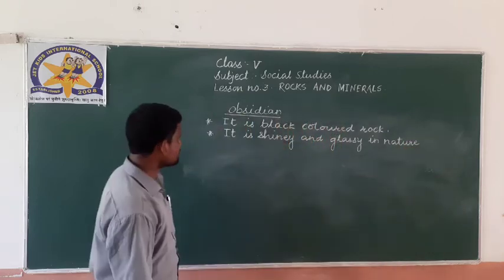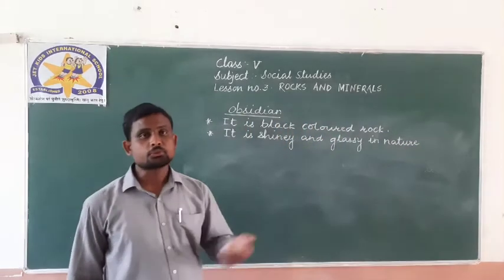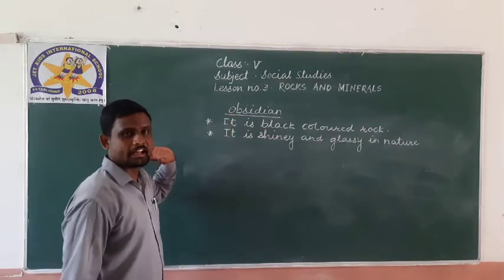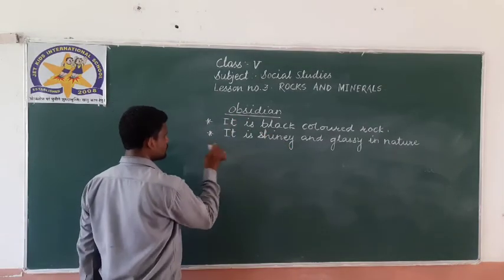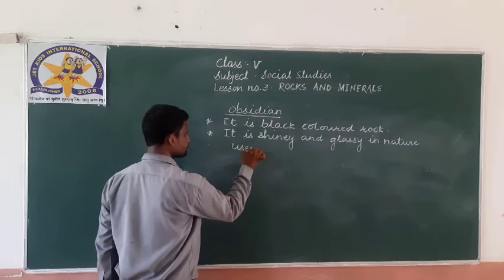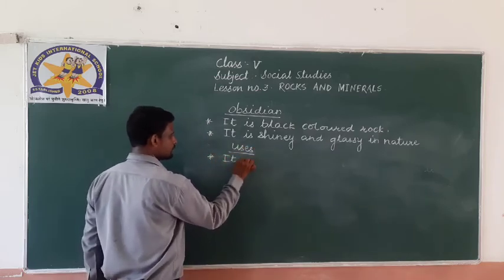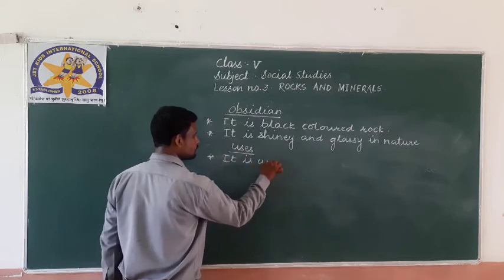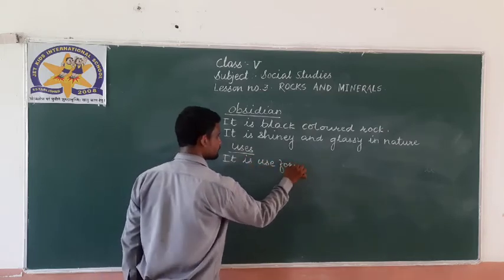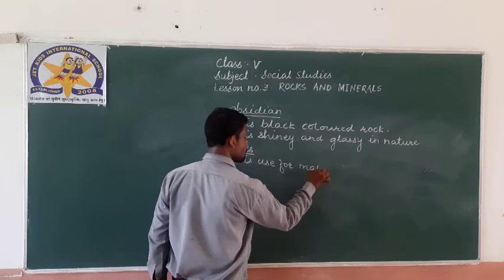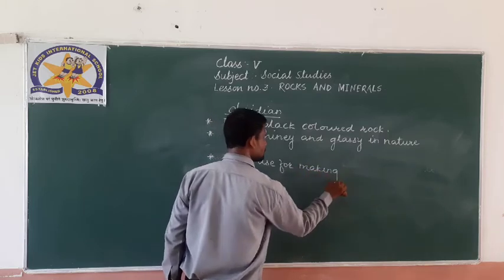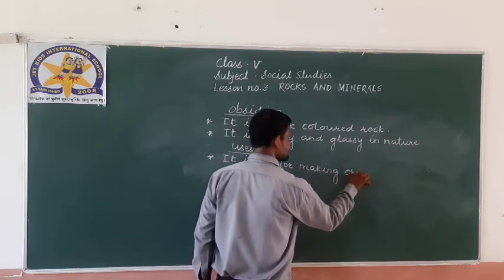After that, uses of obsidian glass. Uses. It is used for making ornaments.